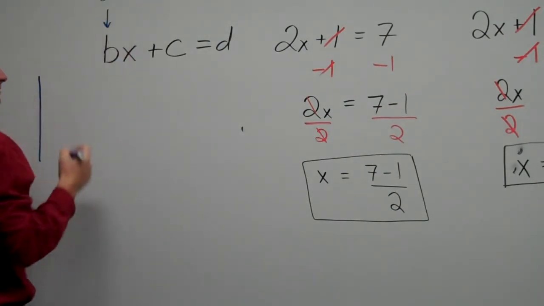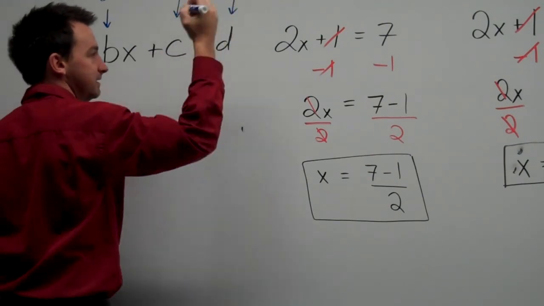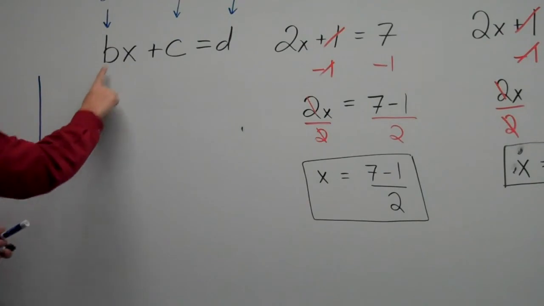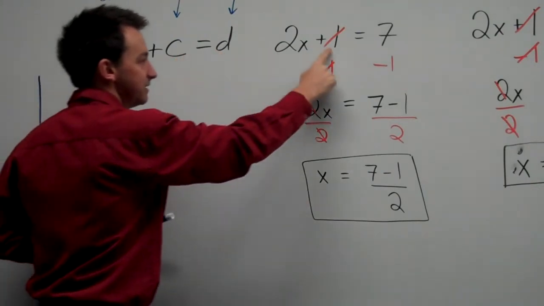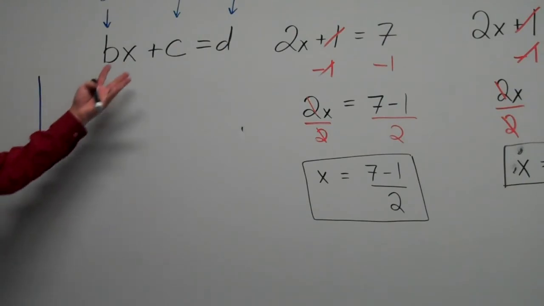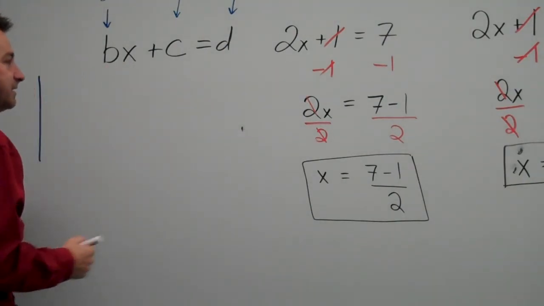That b is a 2, that c is a 1, and the d is a 7. If we took out the b's, c's, and d's and put in 2's, 1's, and 7's, we get the same exact equation.